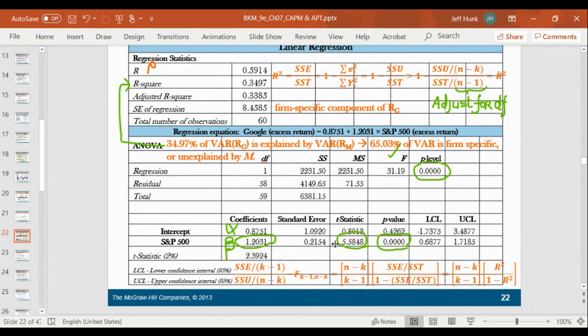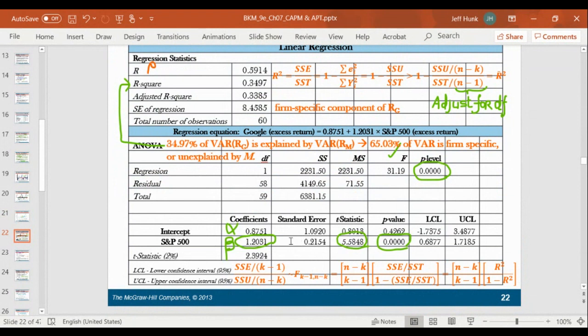Now, think about it. The t-statistic tells you how significant this estimate is. The alpha coefficient is only 0.8751, and its standard error is 1.092.